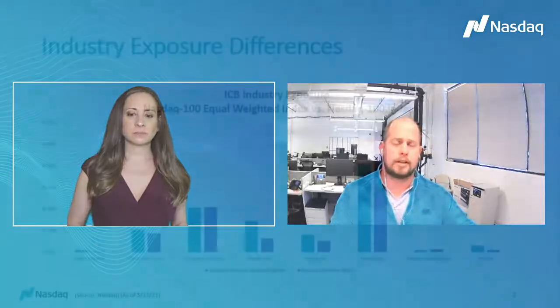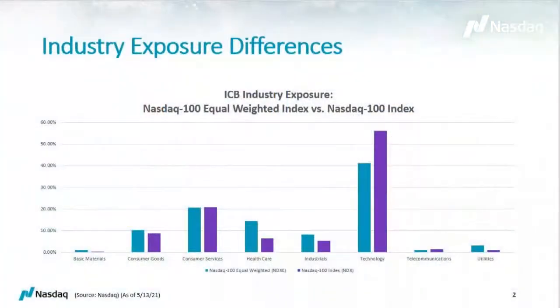Yeah, I think that's what's really interesting: when you start to look underneath the hood of these two indexes, the Nasdaq-100 equal-weighted, where all those companies have the same weight, Amazon and Google or PayPal, versus the Nasdaq-100 cap-weighted, where the largest companies have a higher weighting, you start to uncover some differences in industry exposure.